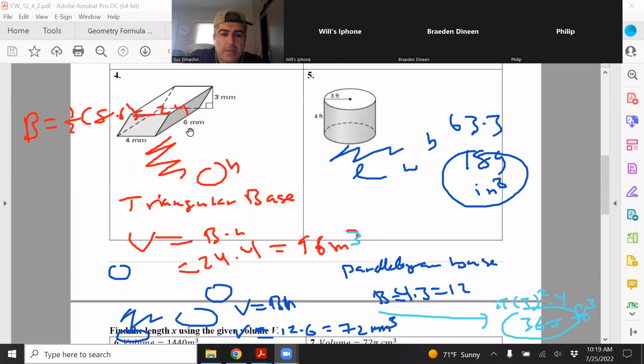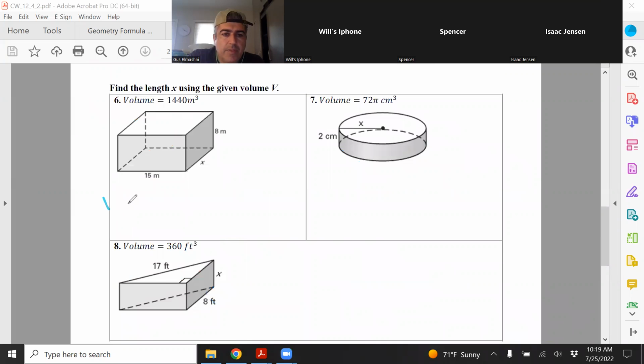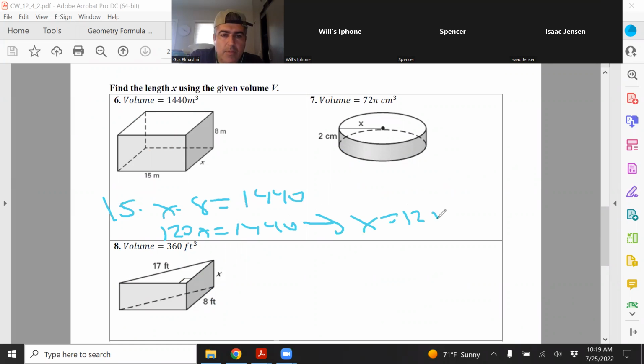And then here, 6 and 8. So 15 times x times 8 equals 1440. 120x equals 1440. X will be 12 meters. For number 8, you're going to have to use a little bit of Pythagorean Theorem business. So that's 8, that's going to be 15 right here.